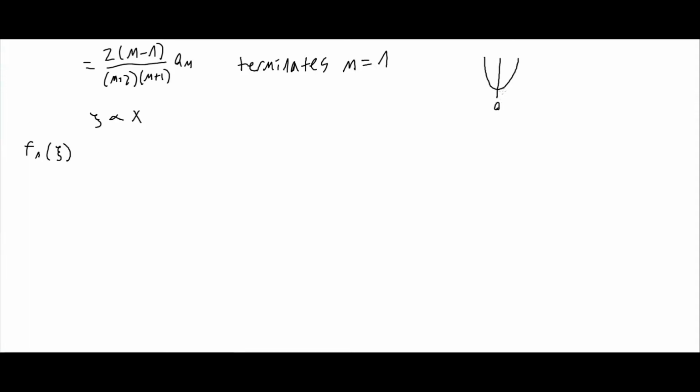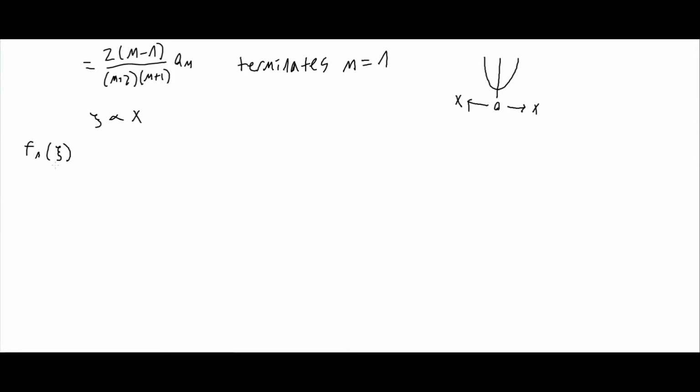So we have our origin here. So x increases this way, and well, the magnitude of x increases this way, and so our xi is proportional to the distance from the origin, the distance from the lowest point of our potential here.